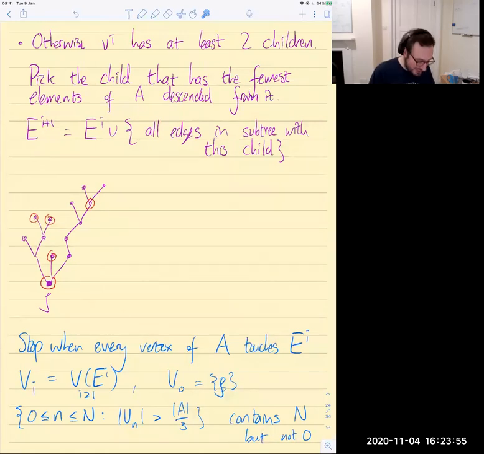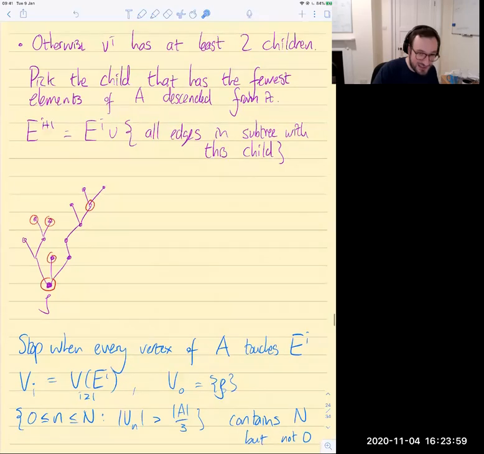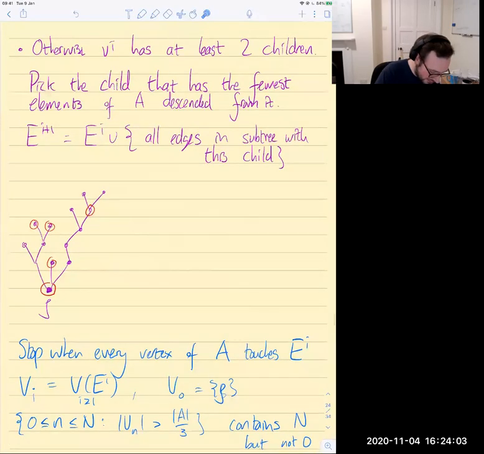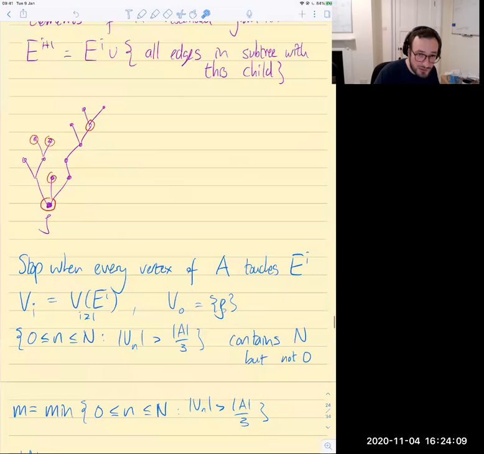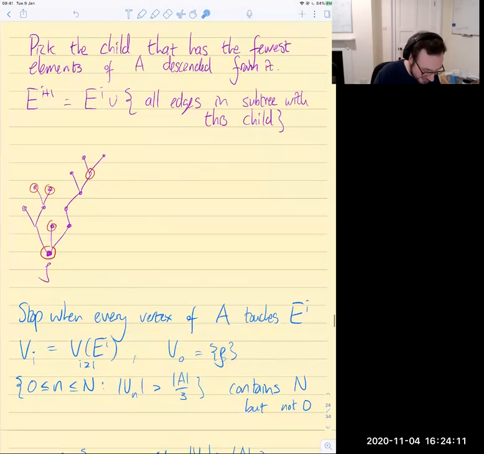First of all, the root has 3 children, so I'm going to do the second step. The child that has the fewest elements of A, well, I can pick either the middle one or the right one. Let's say I take the middle. It actually doesn't matter. So let's say I first take the middle one, then E1 would be the root and this one middle edge.